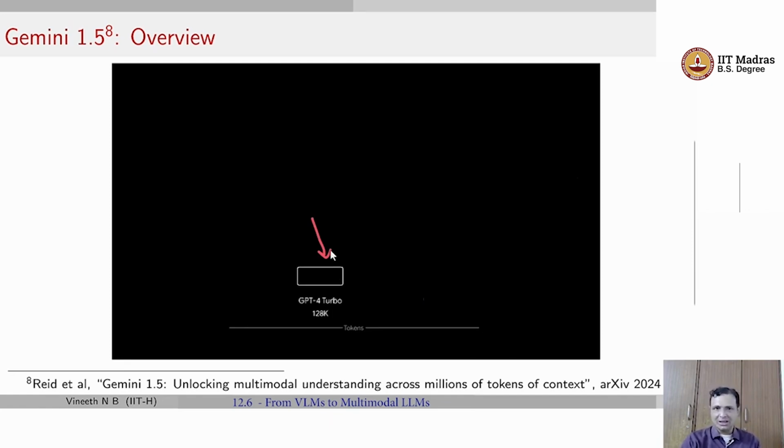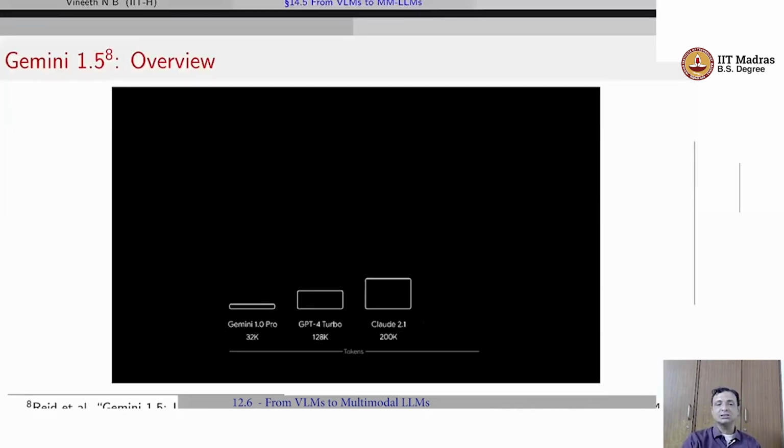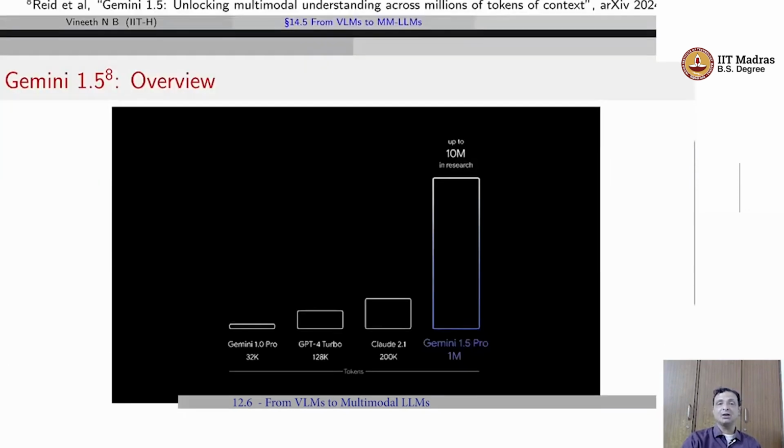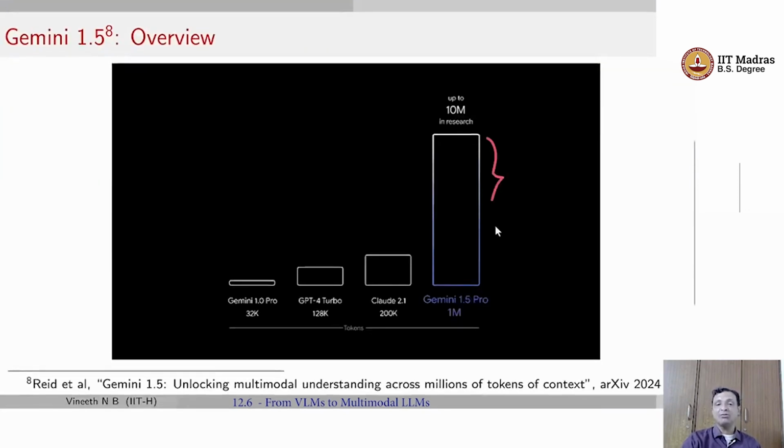Please keep in mind, tokens are the inputs that you give to the LLM model itself. Claude 2.1, which is another LLM model, takes in 200k tokens. Gemini 1 Pro took about 32k tokens. And all of a sudden, with Gemini 1.5, things have gone up to 10 million tokens.